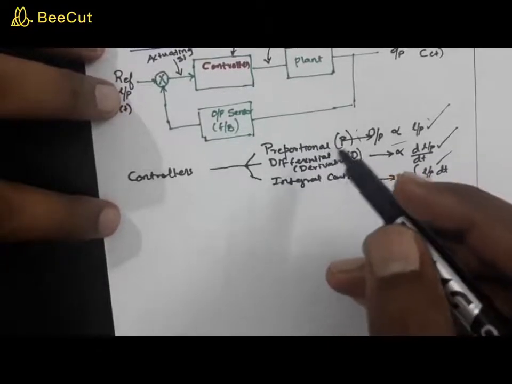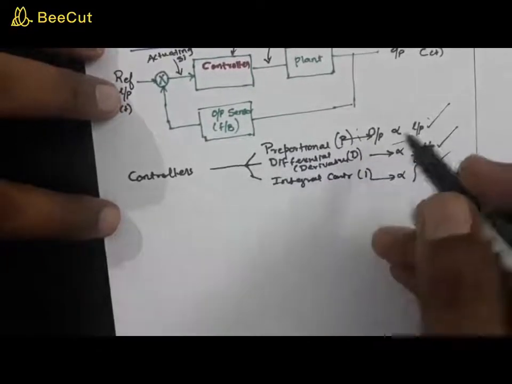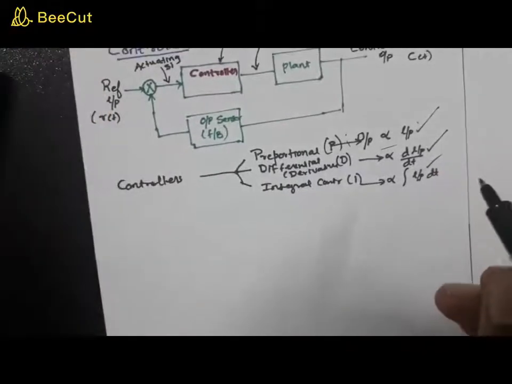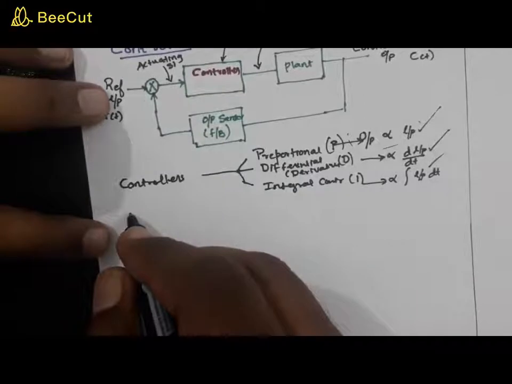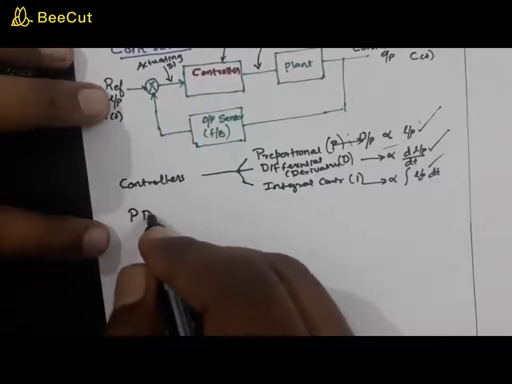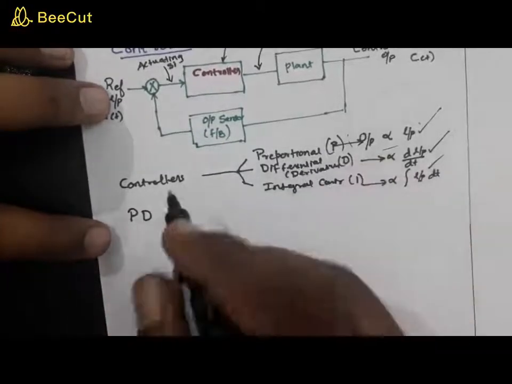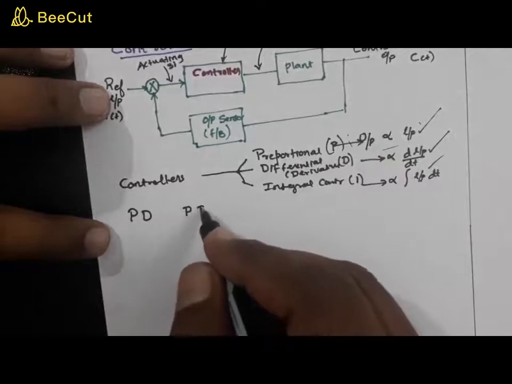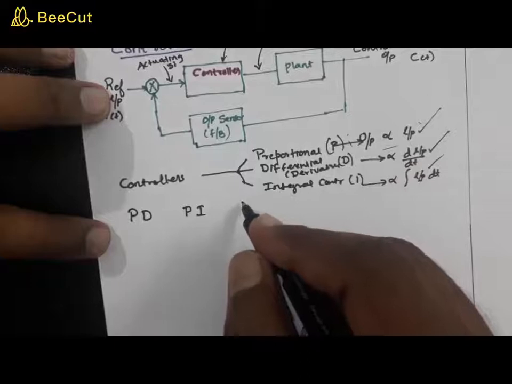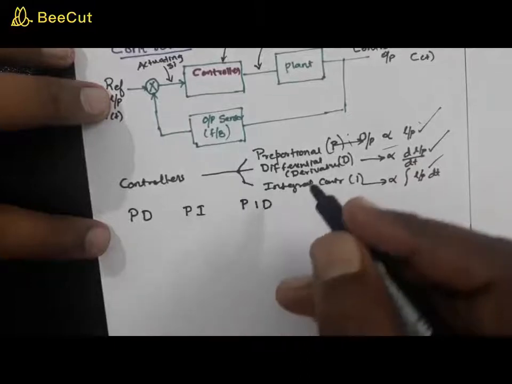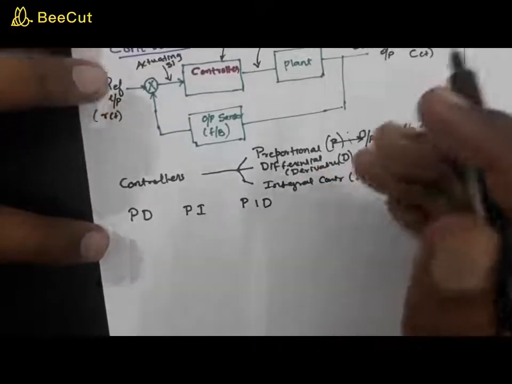From these basic controllers you can have combinations. The combinations can be the PD controller, meaning proportional derivative controller, the PI controller, meaning proportional integral controller, and the PID controller, which is the combination of these three.